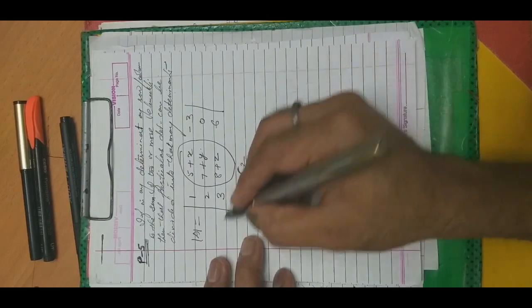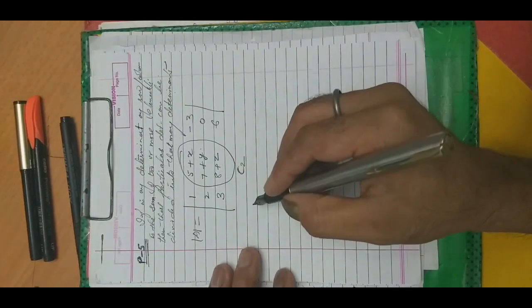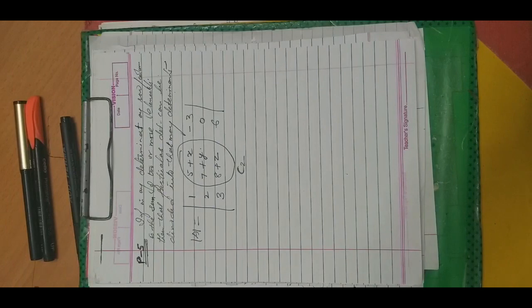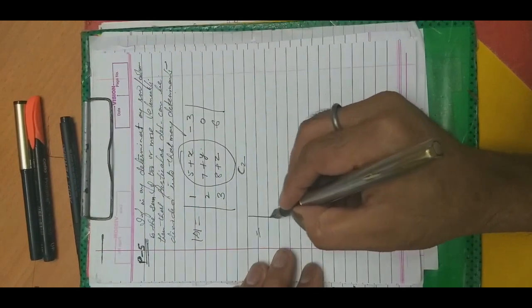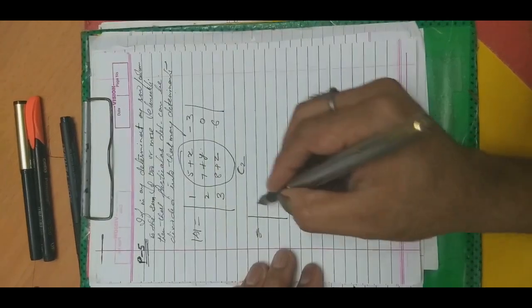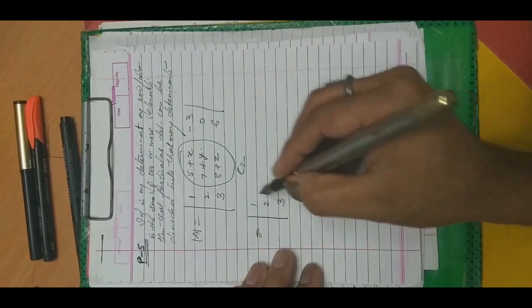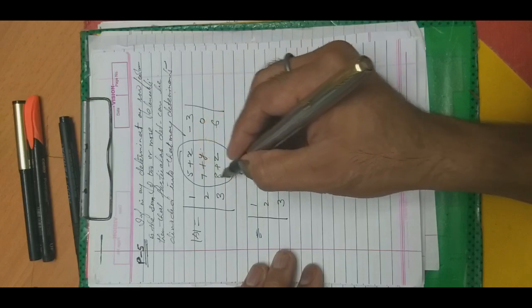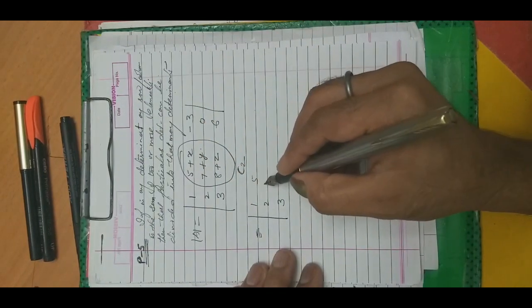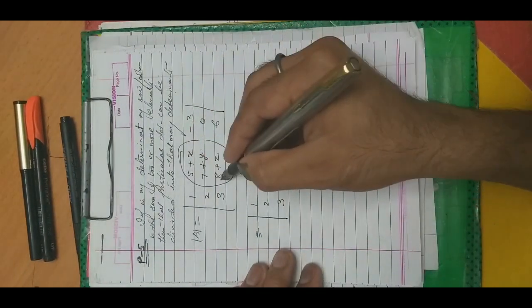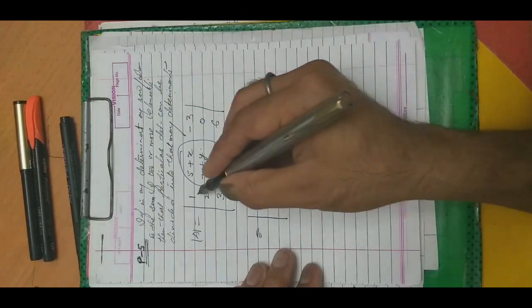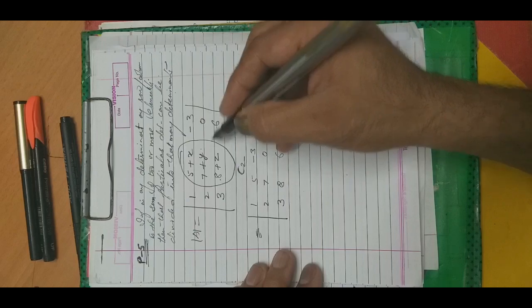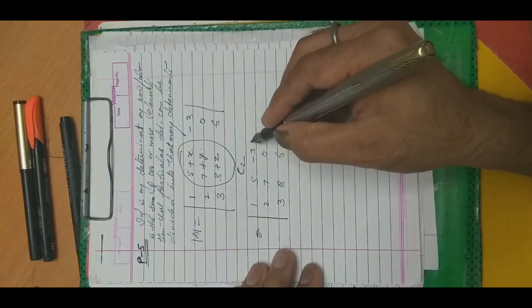So this determinant can be written as the sum of two determinants. For example, this 1 2 3, then this will be taken with 5 7 8 first, and then minus 3 0 6, because 1 2 3 and minus 3 0 6 are common in both cases.